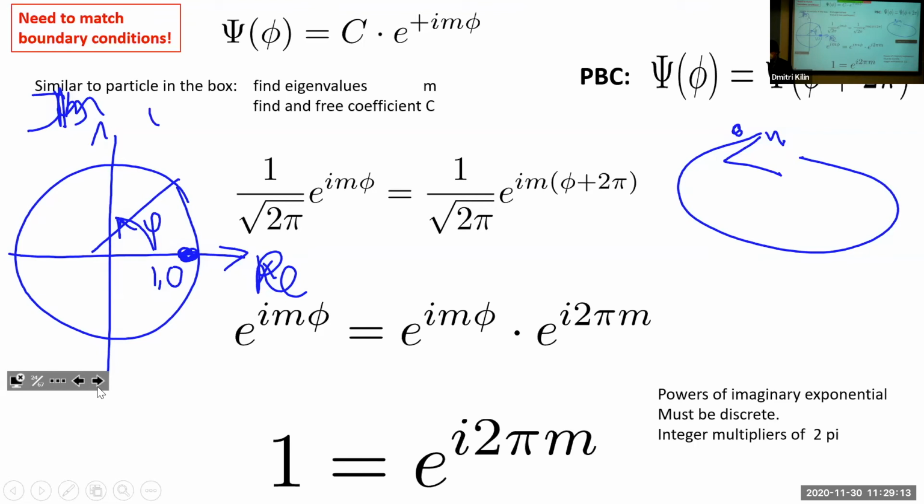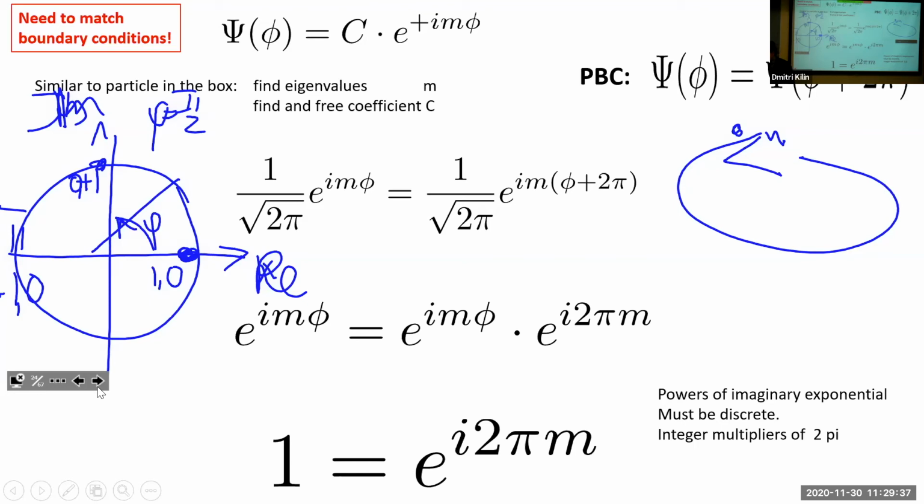If the angle equals pi over 2, then real equals 0, imaginary equals plus 1. If the angle equals pi, then real equals -1, imaginary equals 0.